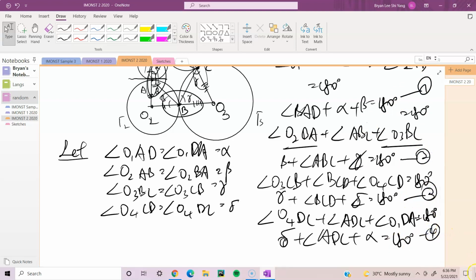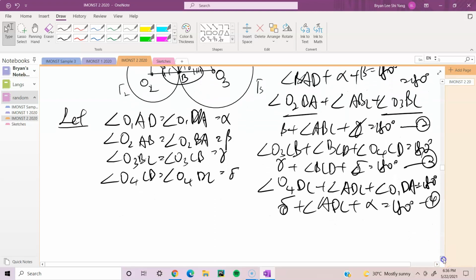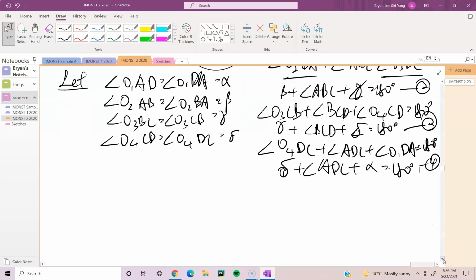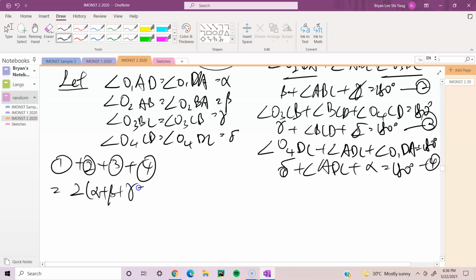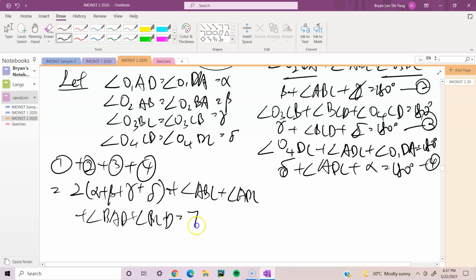Now adding up these 4 equations together, now let's move down a bit. So a bit of farewell from our circles. We would have equation 1 plus equation 2 plus equation 3 plus equation 4 will give us 2 alpha plus beta plus gamma plus delta plus angle ABC plus angle ADC plus angle BAD plus angle BCD is 720 degrees, because 4 times 180 degrees, right?